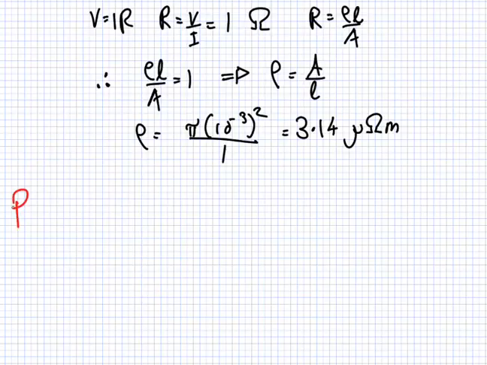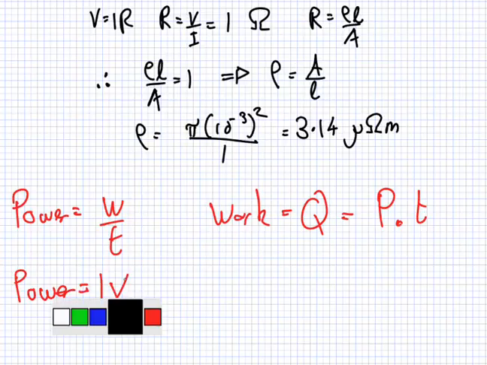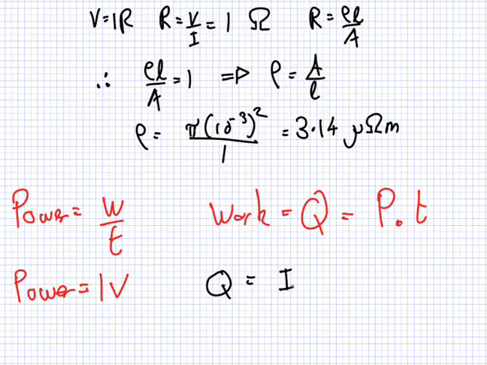You have power equals work over time, so then the work, which in this case is the heat, is power multiplied by time. But there's another formula for power. What's that? IV. So you end up with this formula, Q equals IVT.